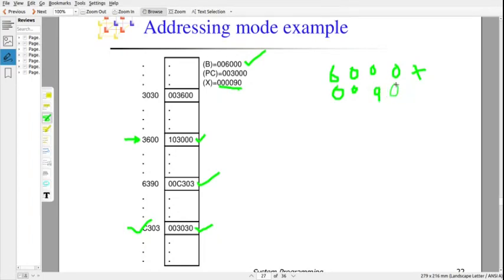I will write only the last 4 hexadecimal digits. Then what is in the displacement? 0300. If you add all these 3 values, then you will get 6390.